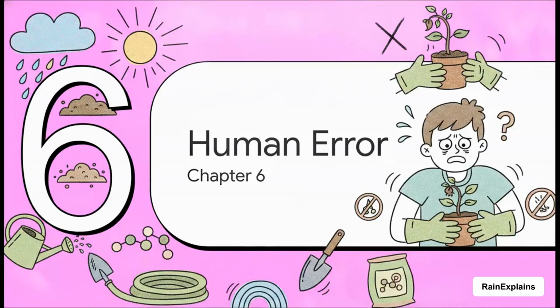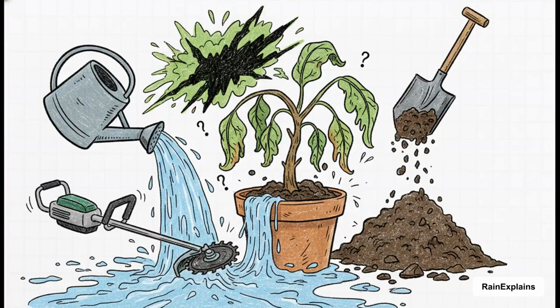Chapter 6. Human error. Well, we've reached the twist ending of our diagnostic investigation. We've looked at the weather, the water, the soil, and the nutrients. But often, the absolute most common abiotic culprit is the gardener themselves. We call this the too much love syndrome, though sometimes it's really just pure accident.